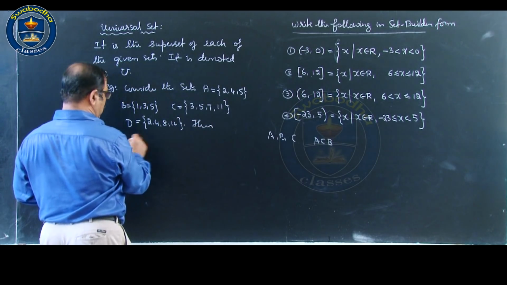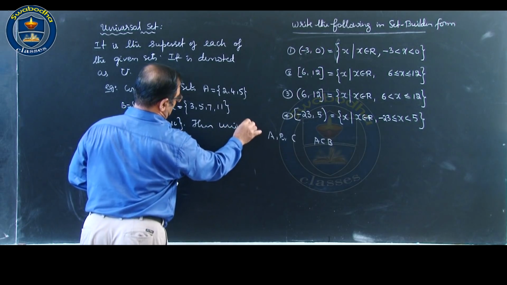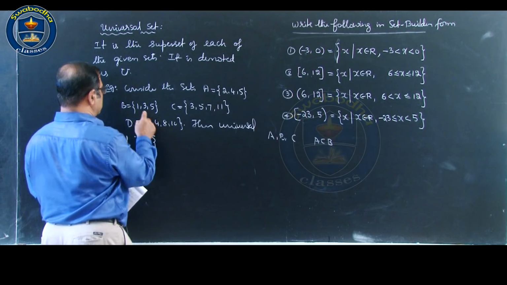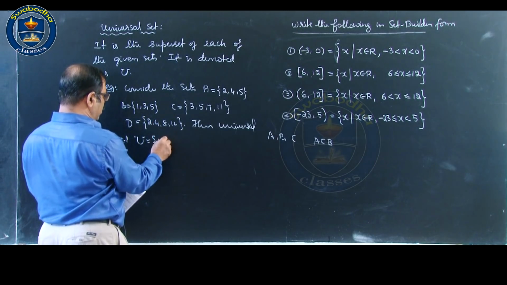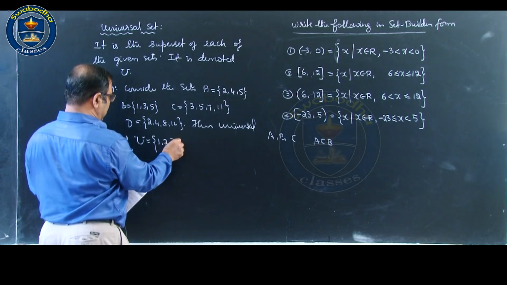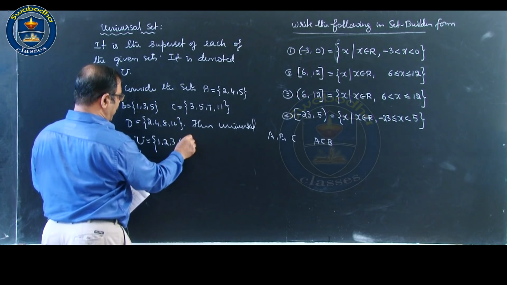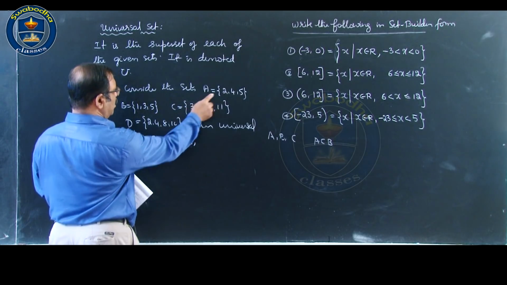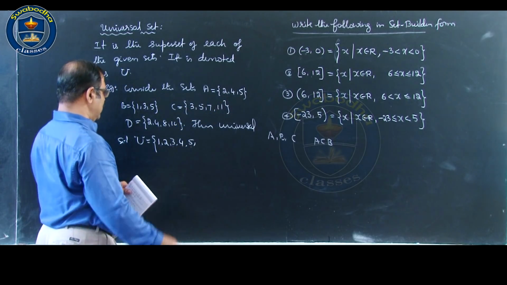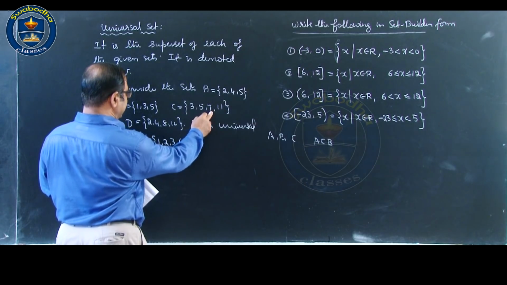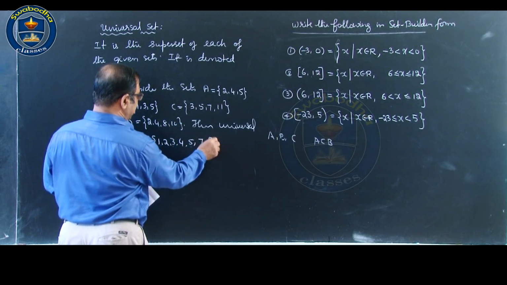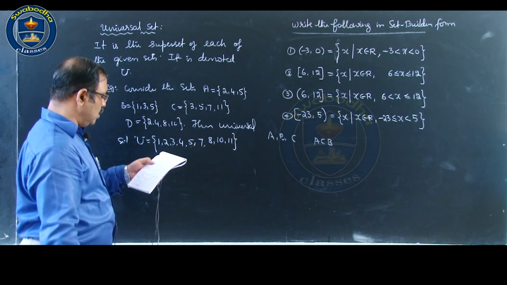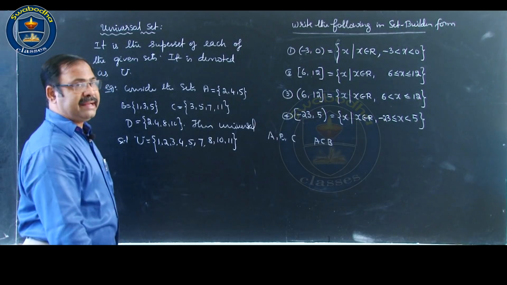Then the universal set U is equal to, see, 1, here 2 is there, next 3, here 4 is there, next 5. Okay, now 1, 3, 5 and 2, 4, 5 are also covered. Now 3, 5 is done. Here 7, here 8, here 10, 11. So it is {1, 2, 3, 4, 5, 7, 8, 10, 11}.